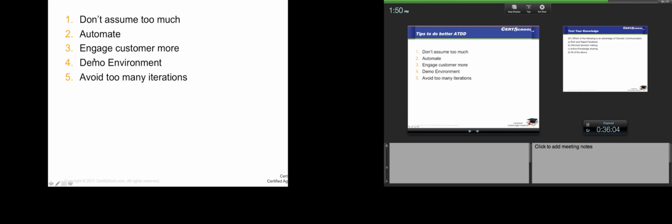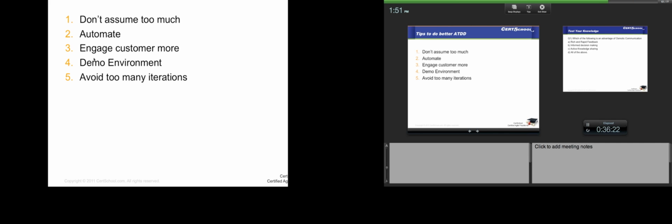The first tip is do not assume too much. One of the biggest mistakes that we make in the development cycle is that we assume things. And the worst thing is that QA assumes certain things, developers assume certain things, product owners assume certain things.